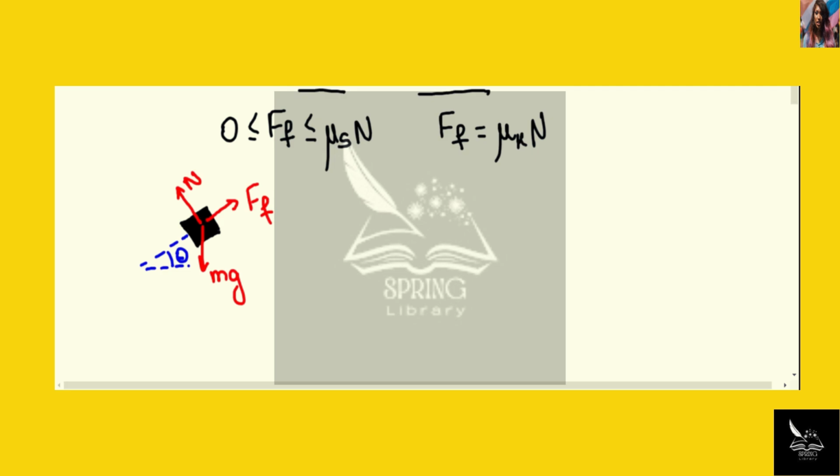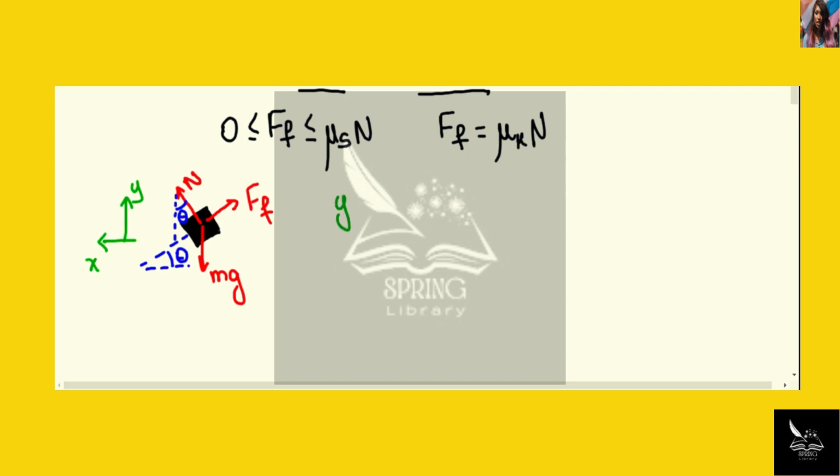Notice that this angle here must also be theta. And I'm gonna decompose these forces into an x component and a y component, such that the y coordinate points upwards, and the x component points to the left.